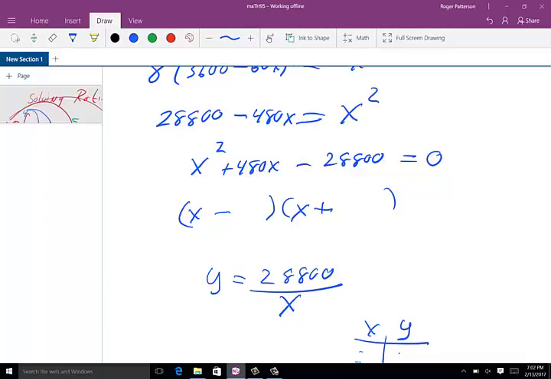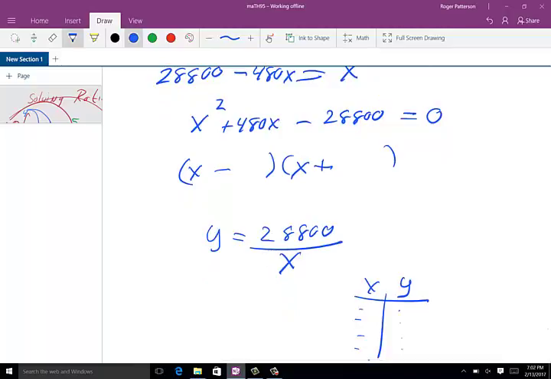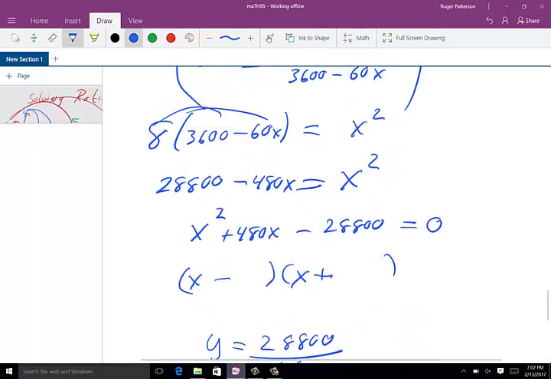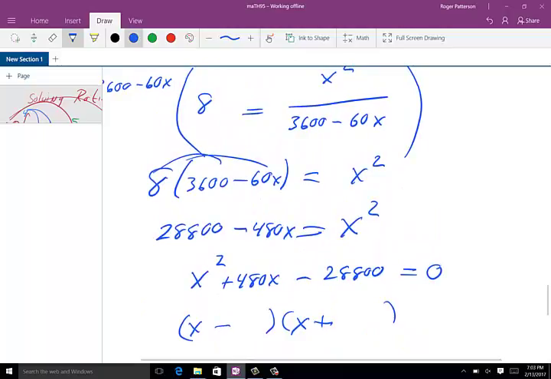Oh, the other answer is negative, so that's not even any good. 540 for each. So 53.9 is one answer. I wonder if something went wrong on this, because that doesn't seem right. Eight times 36 is 288, right?